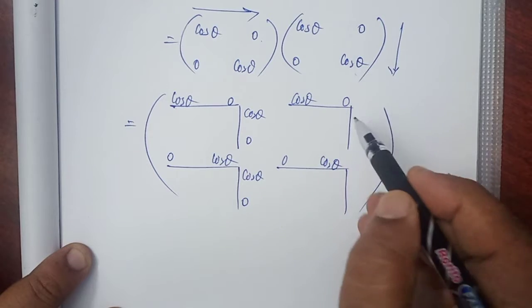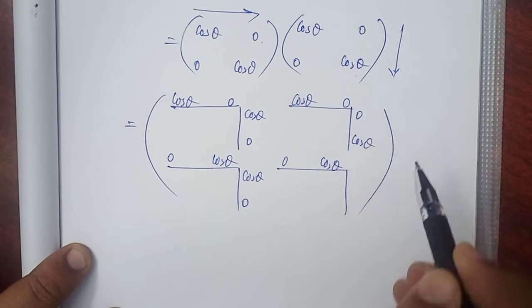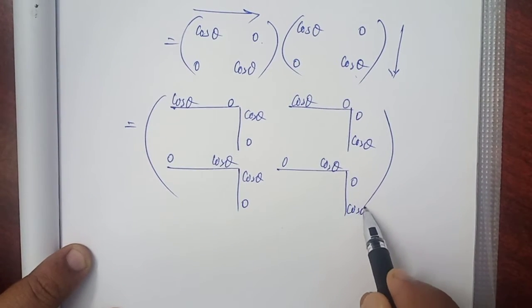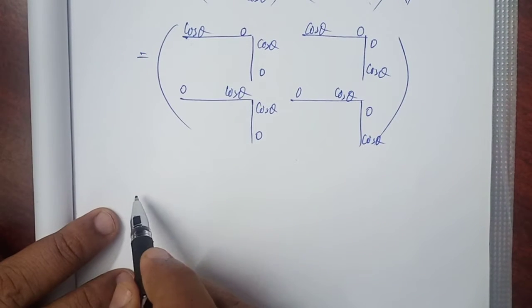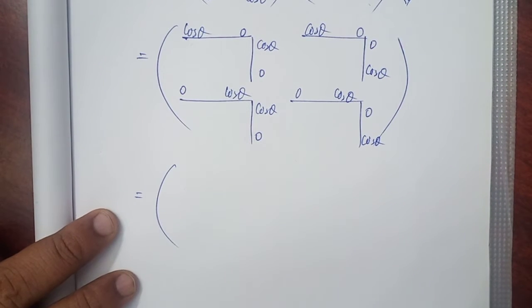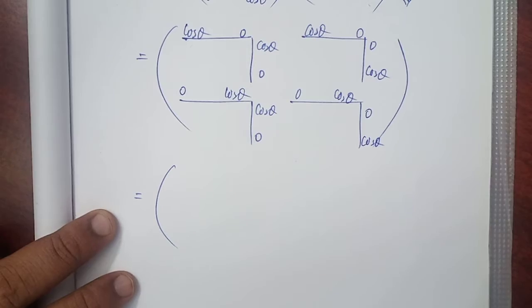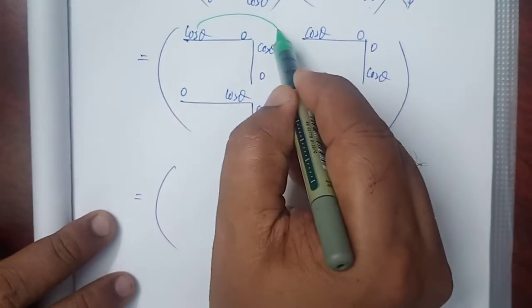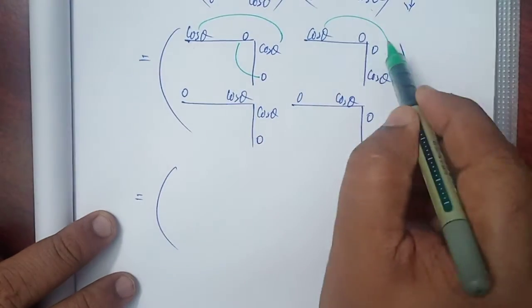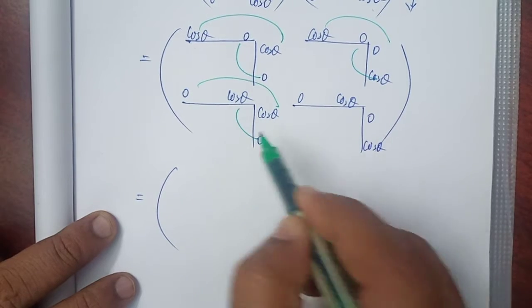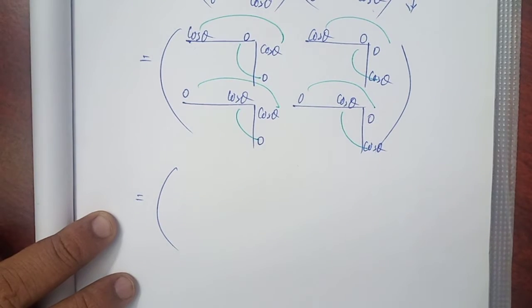Second column 0 cos theta, equals first with the first, second with the second.